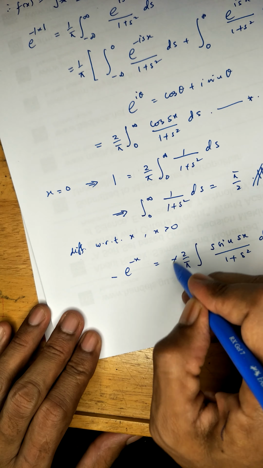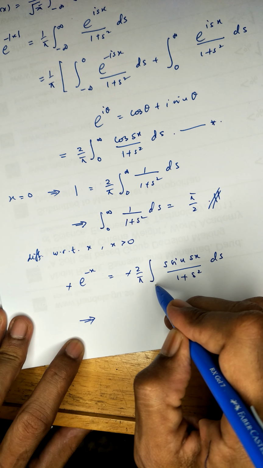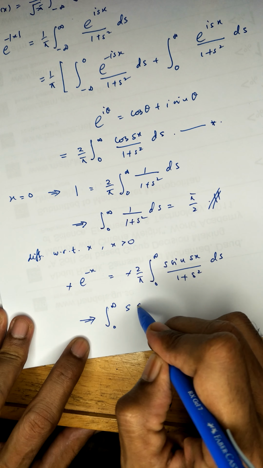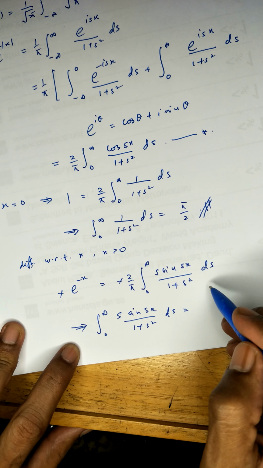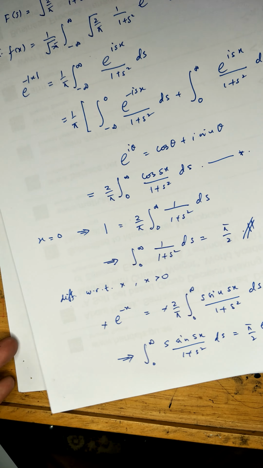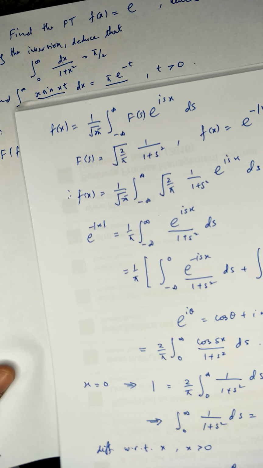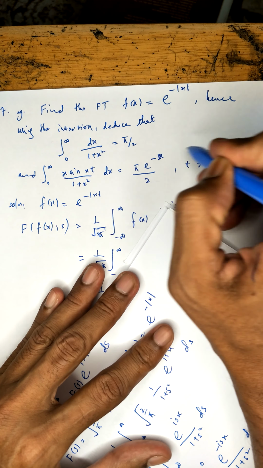Therefore the negatives cancel out, and the integral from 0 to infinity of s sin sx over 1 plus s squared ds is pi over 2 e to the minus x, as required by the question. Here it should be x, for x positive. All right, so that's our first example.